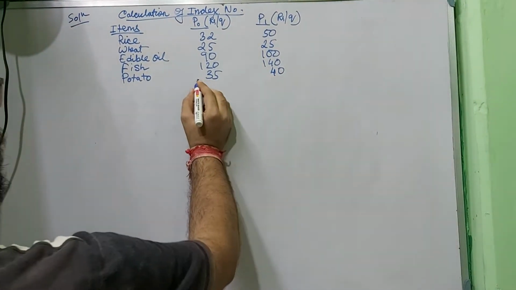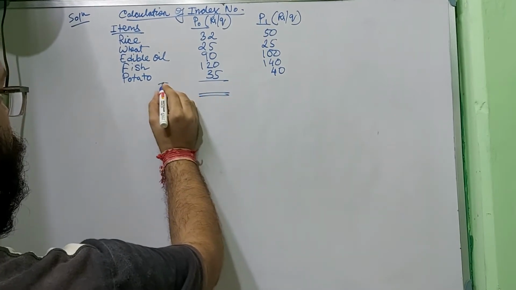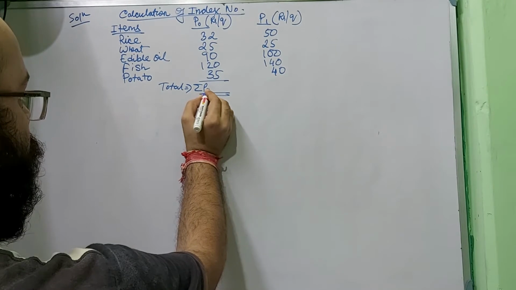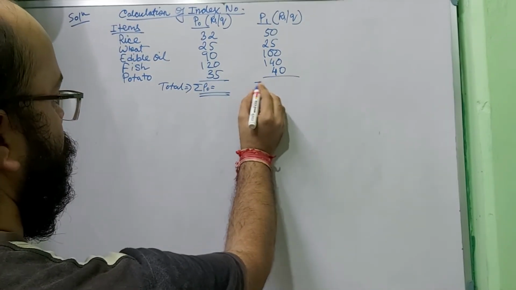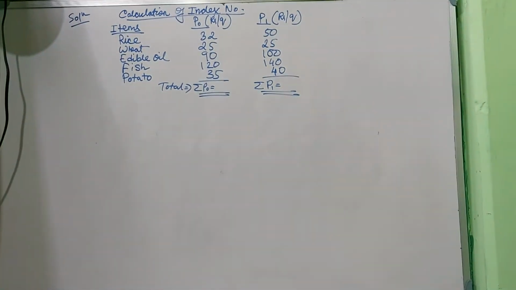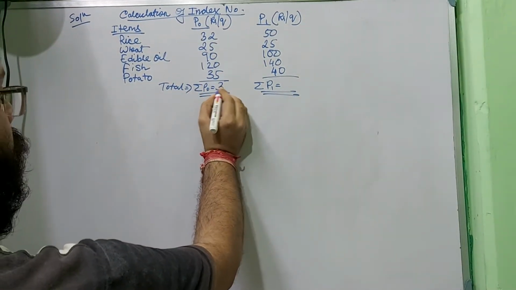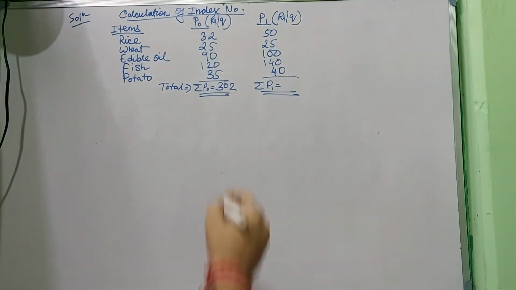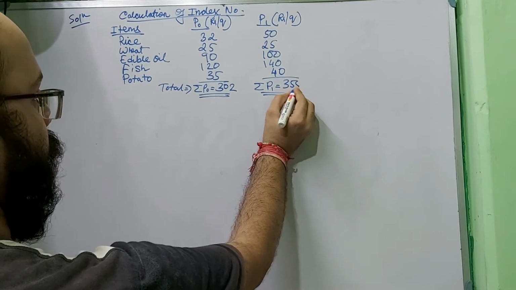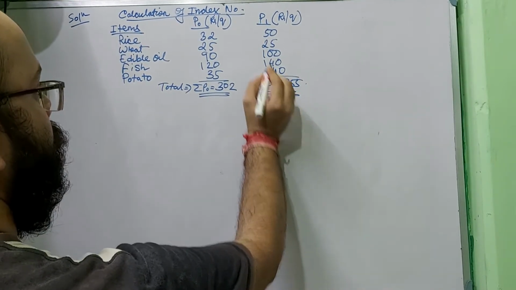If you make the total, summation P0, you can also write summation P1 for better understanding. Just add it up: this is 302, and this you add up, 355.